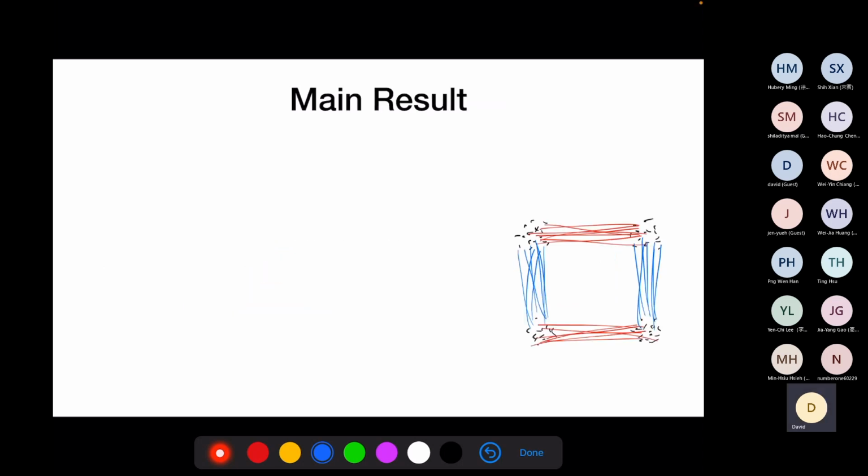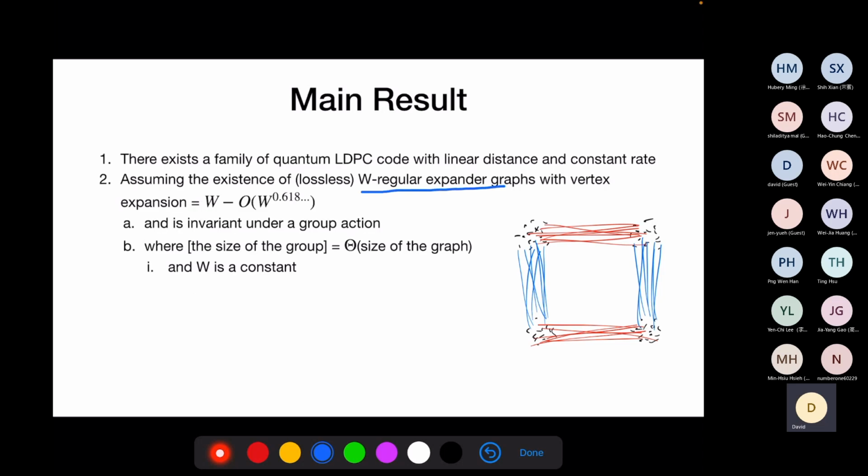And just to finish, the main result is that if there exist some nice expander graphs with large vertex expansion and also a group symmetry, then we can find quantum LDPC codes with linear distance and constant rate.